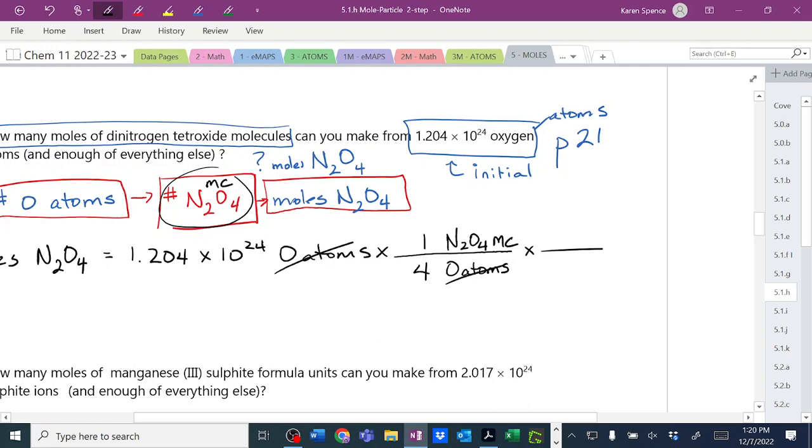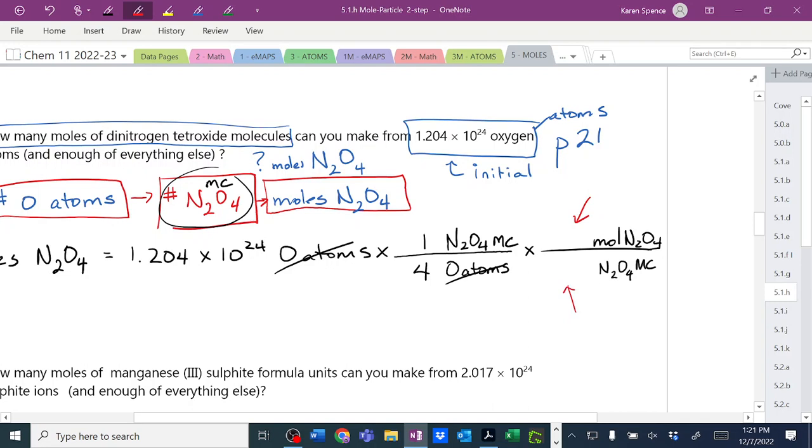And now we want to cancel N2O4 molecules and find the moles of N2O4. When we're going from moles to particles, whose number do we use? Avogadro. And what's his number? 6.02 times 10 to the 23. Does the 6.02 times 10 to the 23 go on the top or on the bottom?